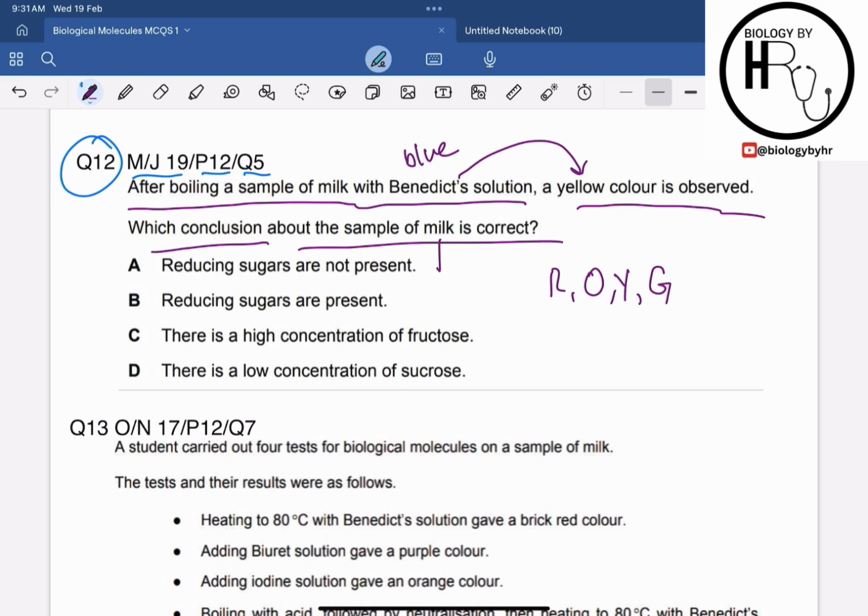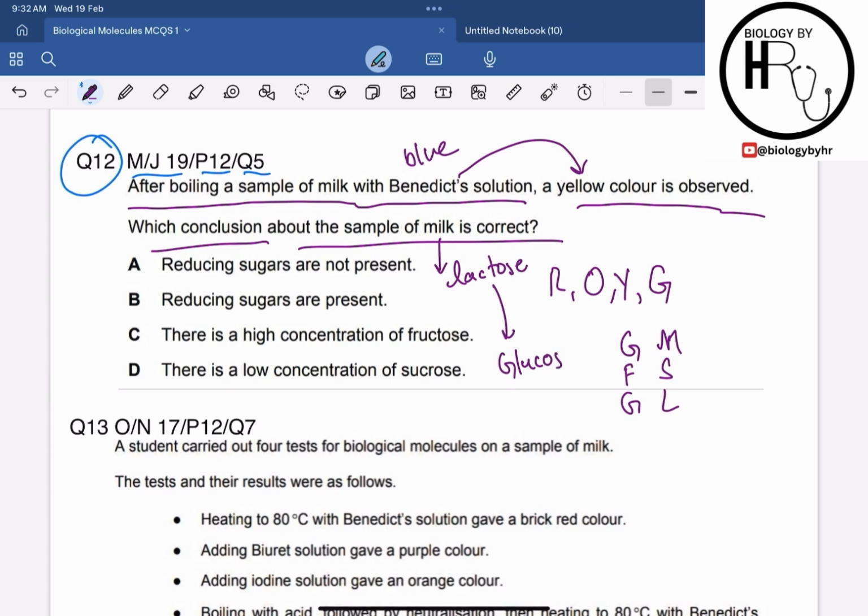We know that milk contains a reducing sugar which is known as lactose. And if I talk about what lactose is made up of, lactose is basically made up of glucose plus galactose, right? Glucose plus galactose makes up the lactose.